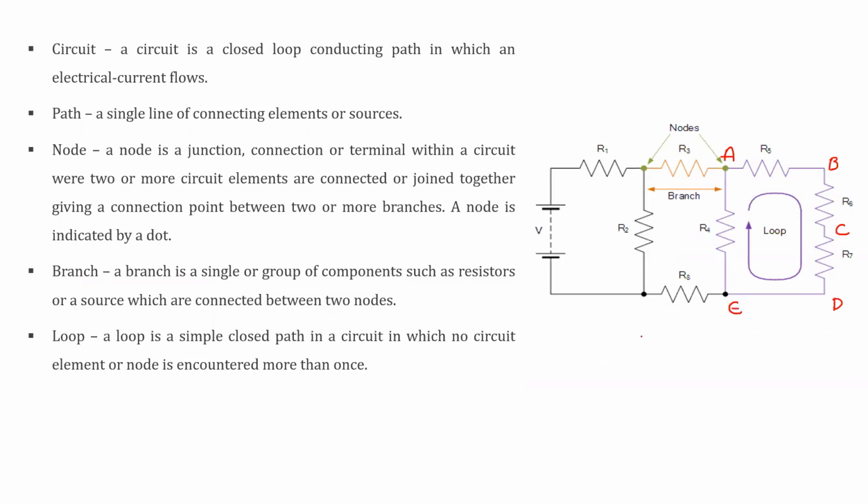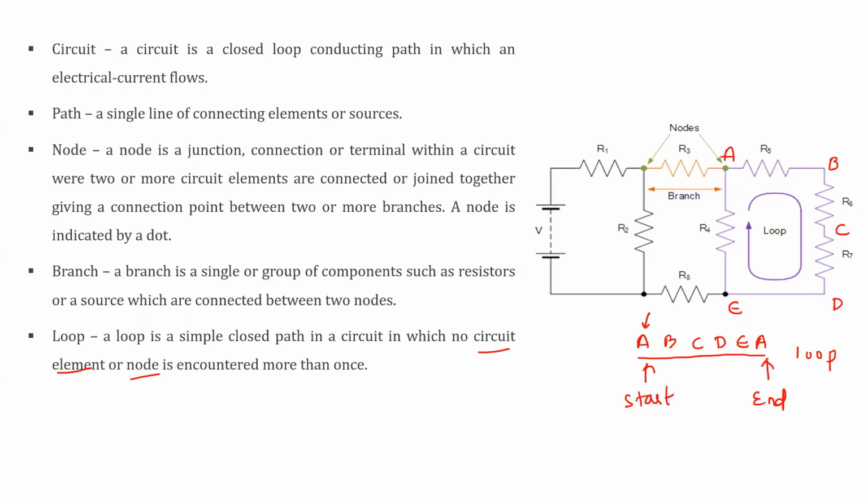I do move from point A, B, C, D, E back to the point A. I can call this path a loop because no circuit element is repeated and no node is repeated except node A. It is a starting node and I can say it is an end node.